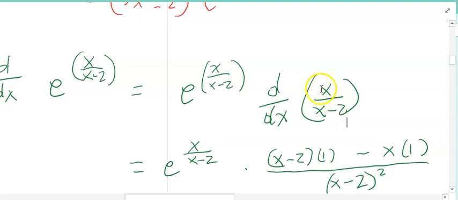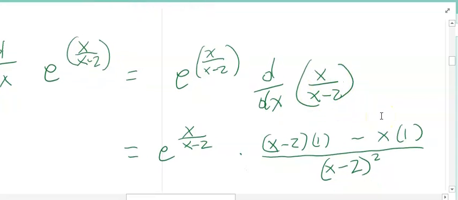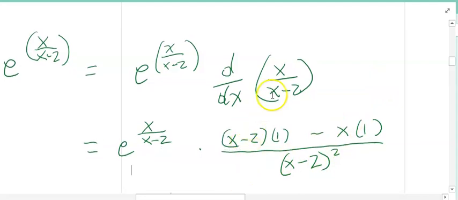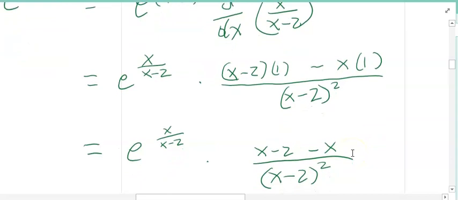Use our quotient rule for the derivative of x over x minus 2. So it becomes e to the x over x minus 2 times low d high minus high d low over low squared. So that's x minus 2 times 1 minus x times 1 over x minus 2 squared, and we try to simplify that as much as we possibly can.